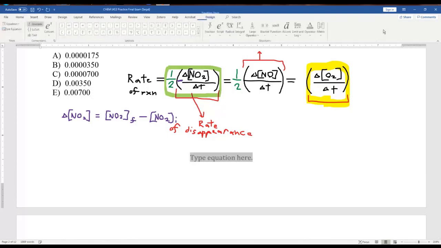Insert equation. So I'm going to go ahead then and solve for the rate of appearance of O2.